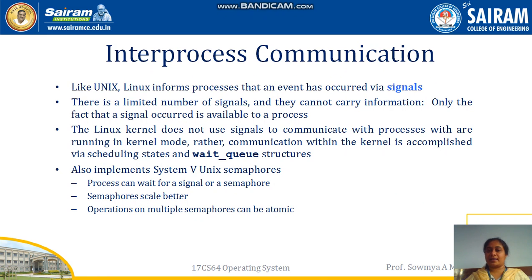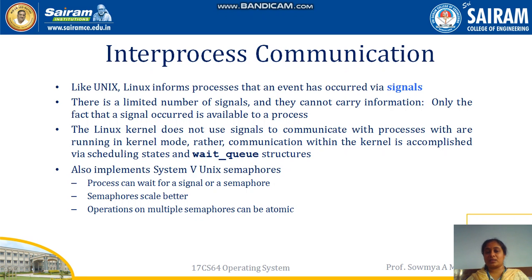Inter-process communication is done with the help of signals. In the Linux operating system, each process communicates with other processes with the help of signals, which are limited in number and cannot carry information. Only the fact that a signal occurred is available to the process.